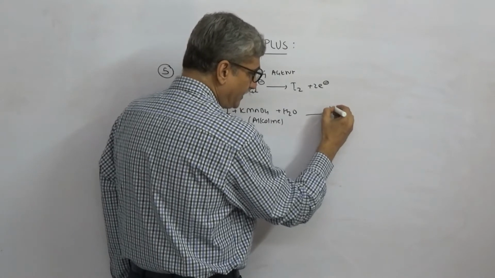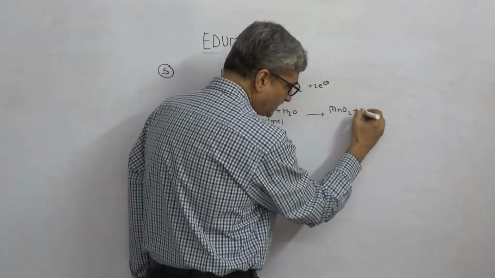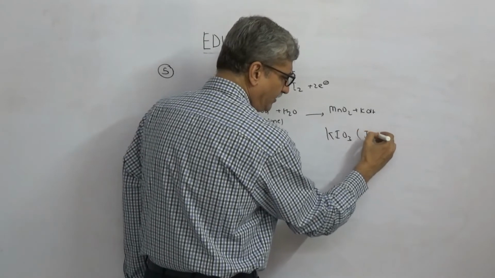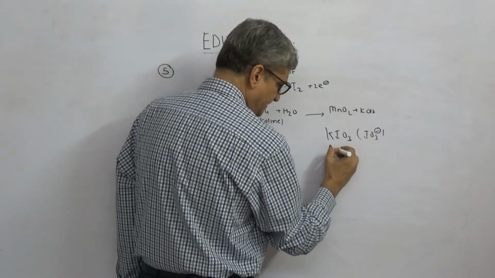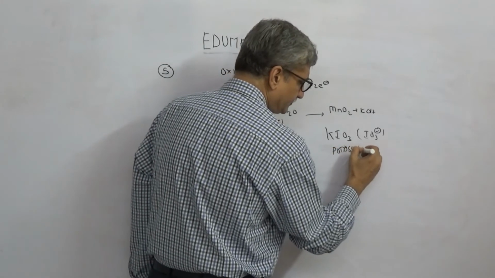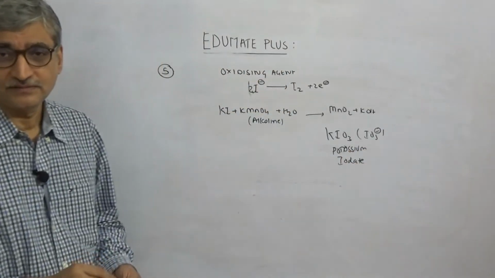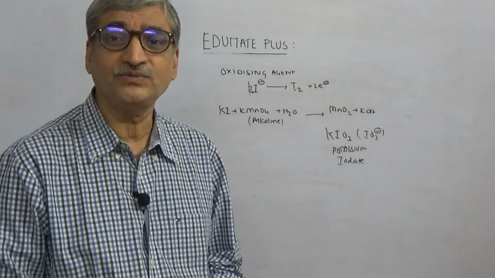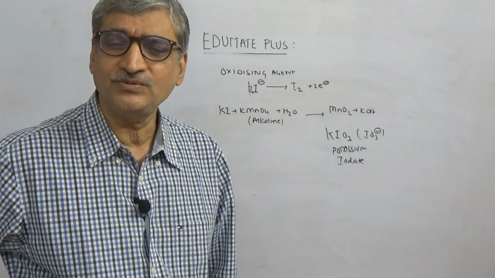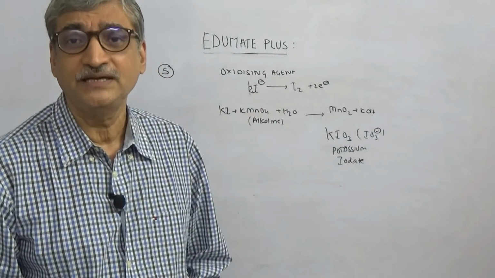We get MnO2 obviously, plus KOH, and more important, we get KIO3 or IO3 minus, potassium iodate. So this is an exception, that iodide gets oxidized to iodate. In all other cases, iodide gets oxidized to iodine. This question has been asked very many times in entrance exams.